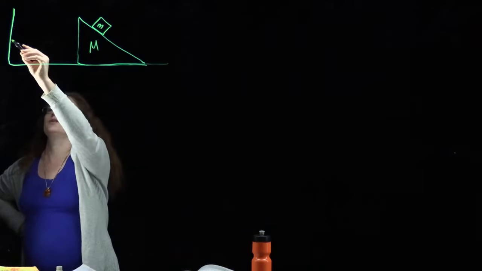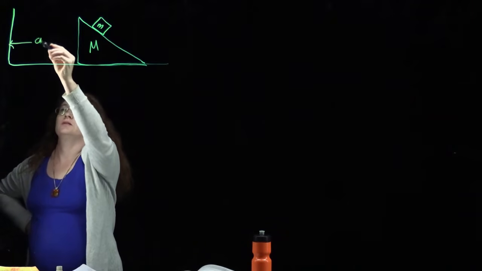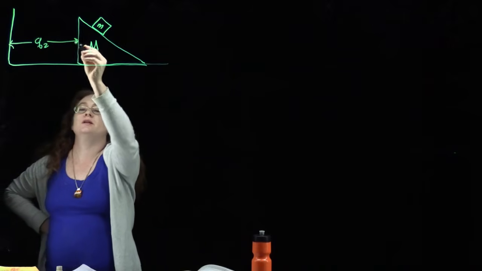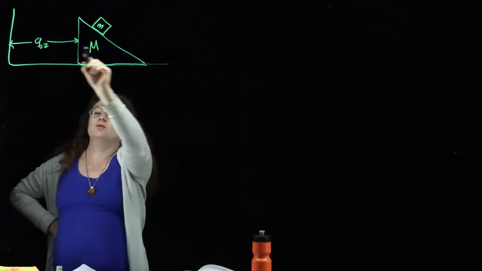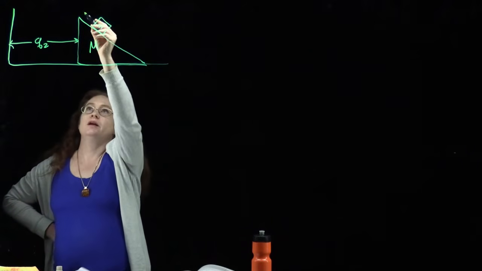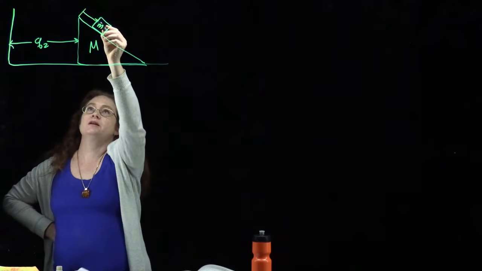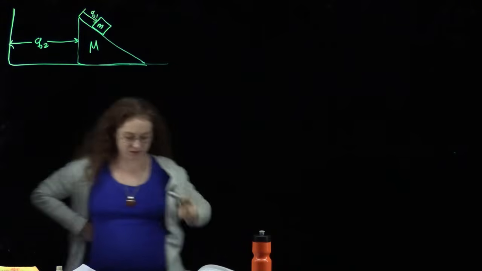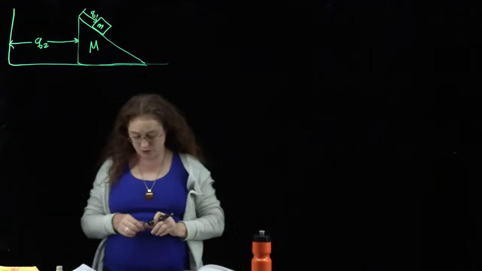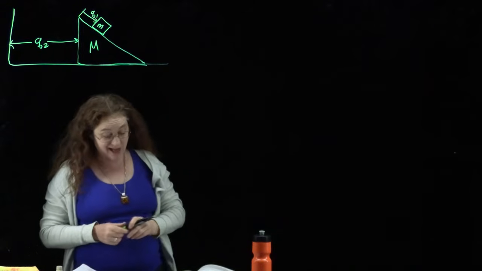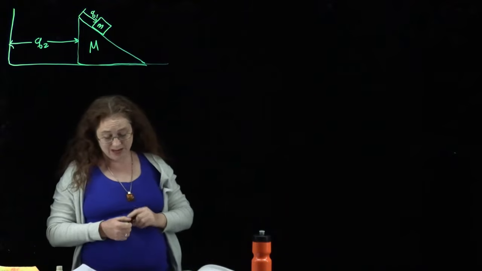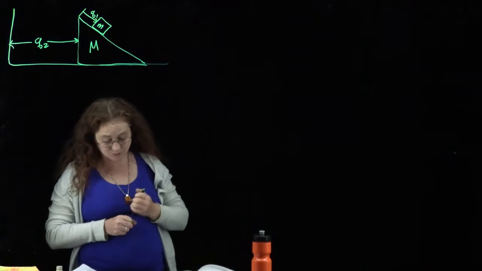So we're going to define q2 to be the distance between the wedge and the wall, and q1 is the distance down the block, and we are going to try to calculate how long it takes for the mass to reach the bottom.